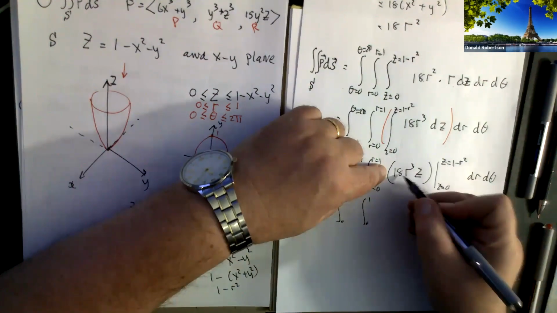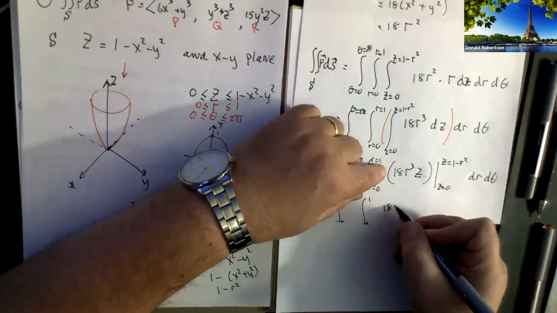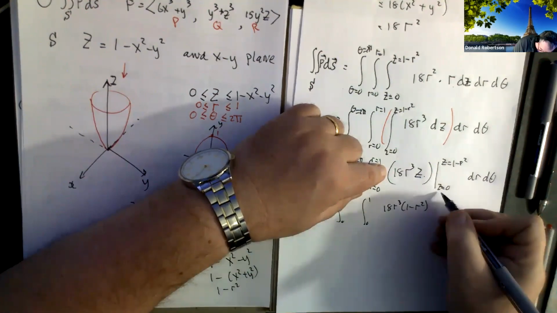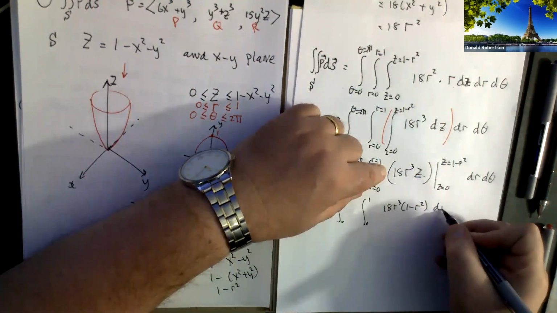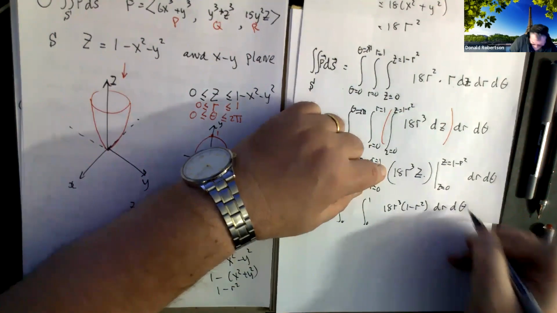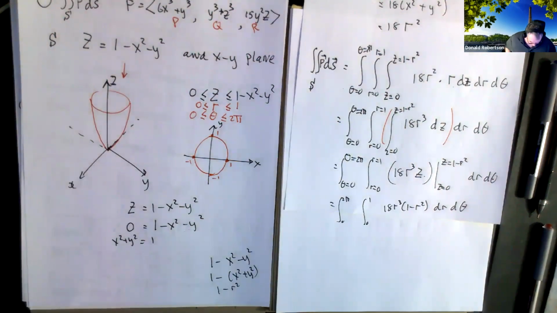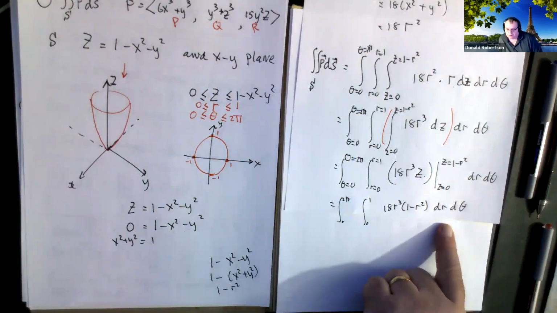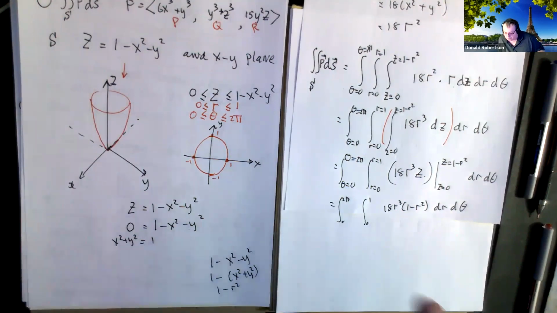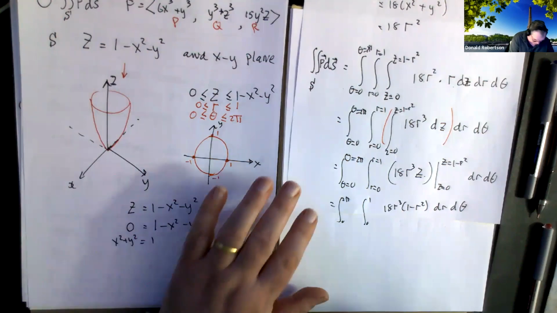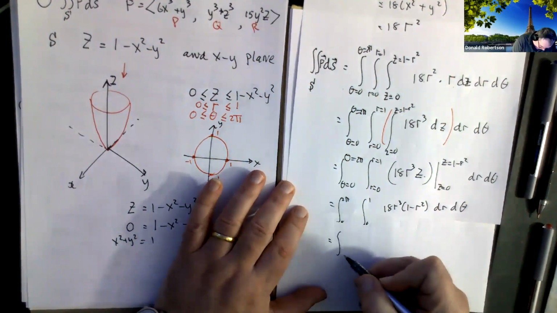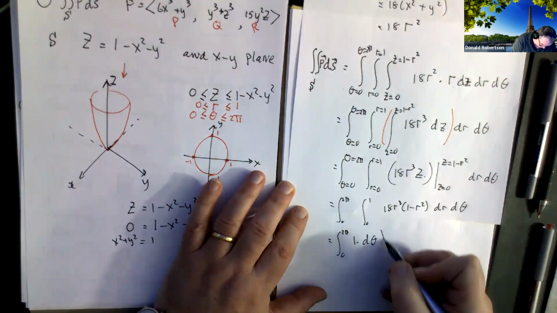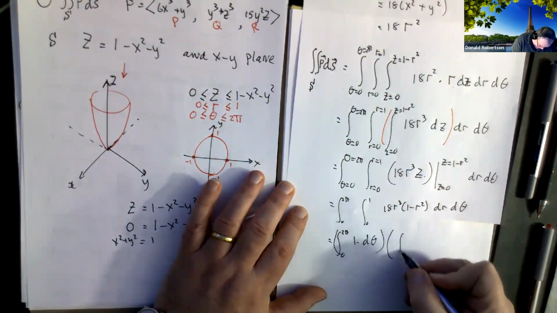If you plug in that z for this, you get 18r cubed times 1 minus r squared times 0, so I don't care, dr d theta. In this question here, we're pretty much done because there is no thetas. So I could separate it out into these two integrals.